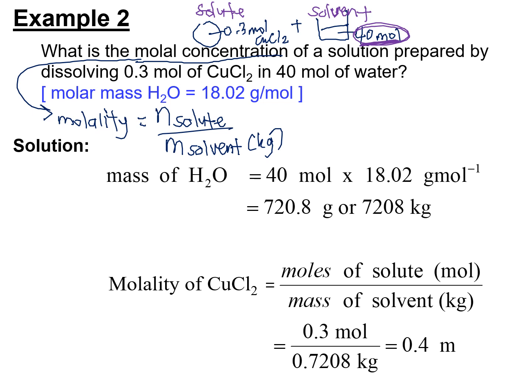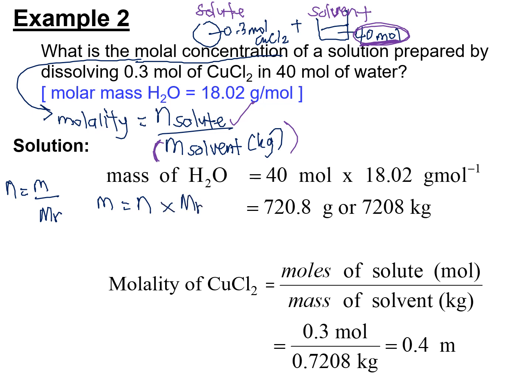Number of mole of solute kamu dah tahu, dia dah bagi straightforward. Tugas kamu ialah nak cari mass of solvent saja. Nak cari mass of solvent, you boleh cari melalui equation number of mole is equals to mass over molar mass. So you will know that mass is equals to number of mole kalikan dengan molar mass of water.